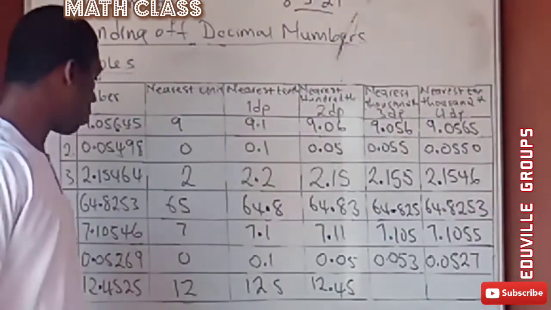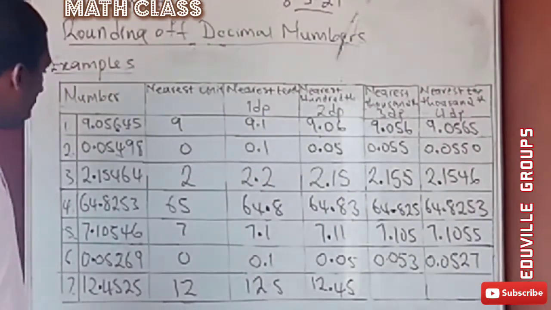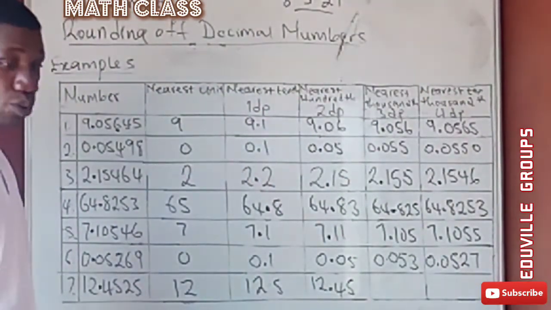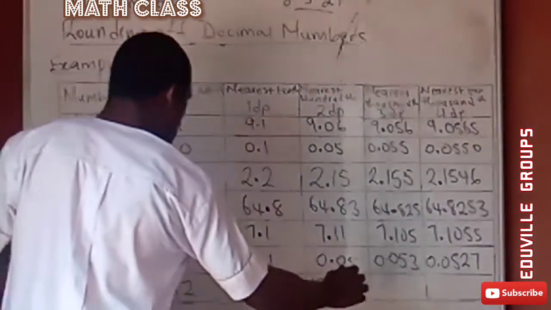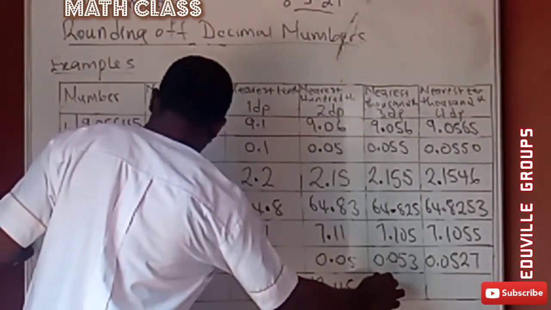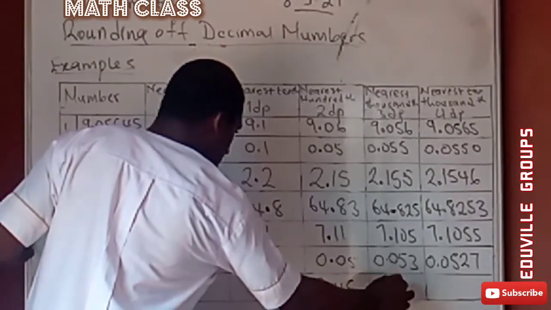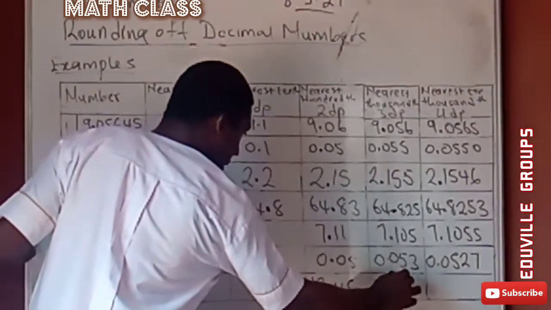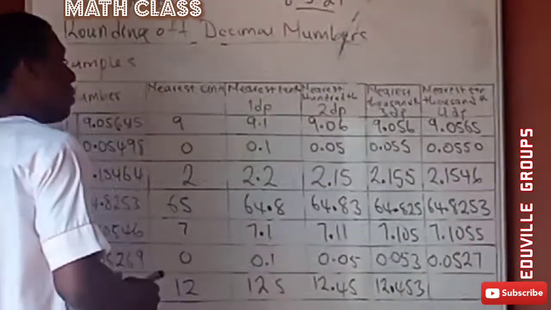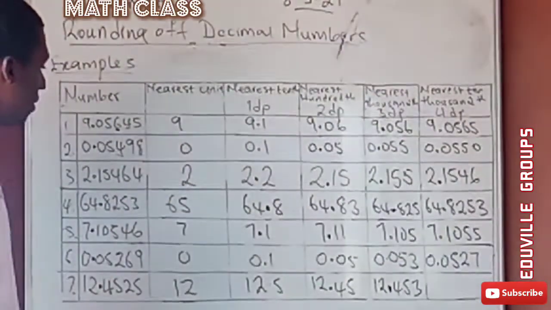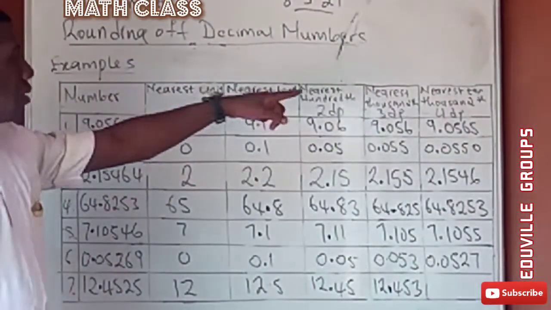And the next number is what? 5. And therefore we are adding 1 to 2, making it 3. So our answer will be 12.453.